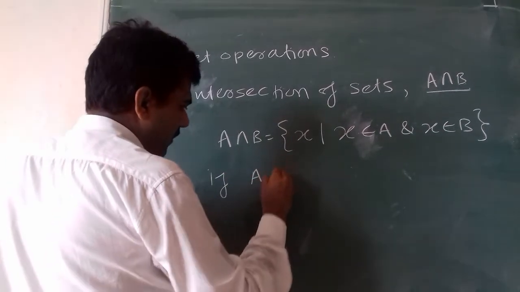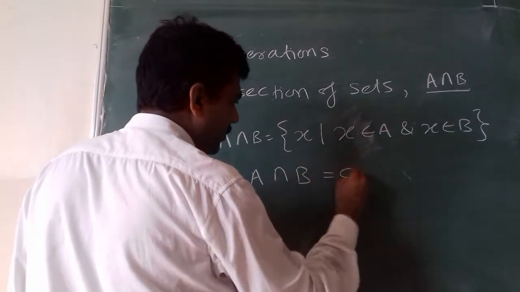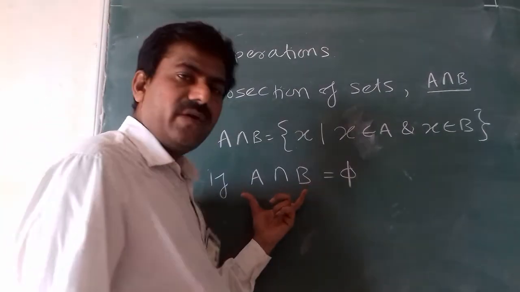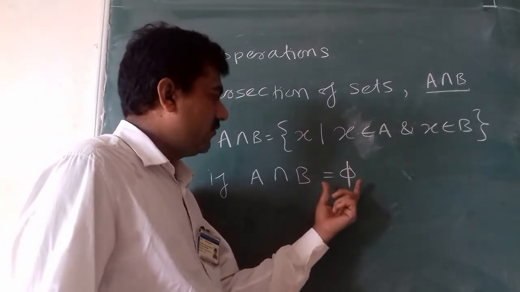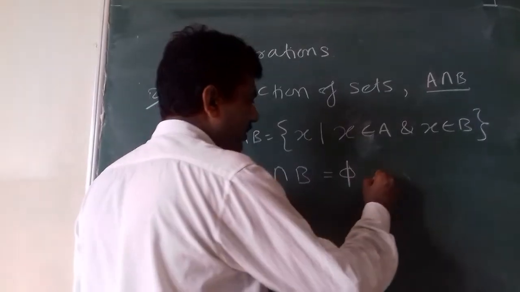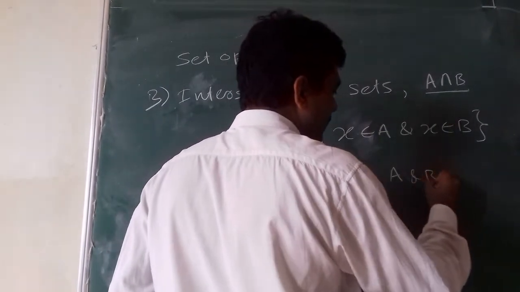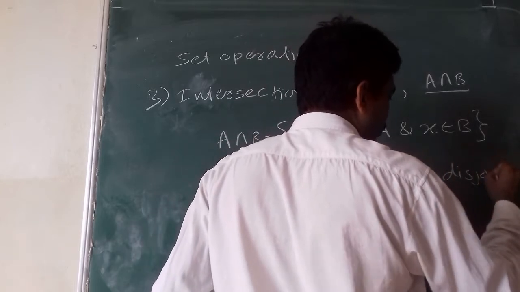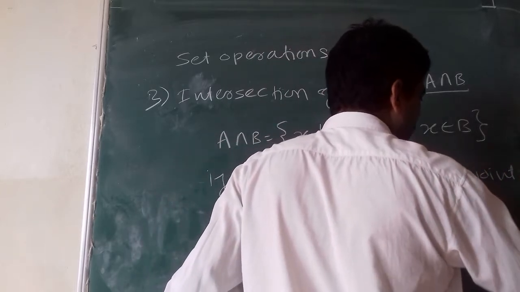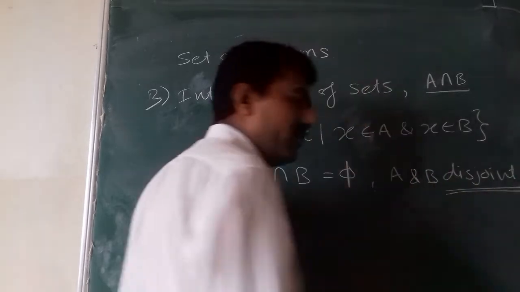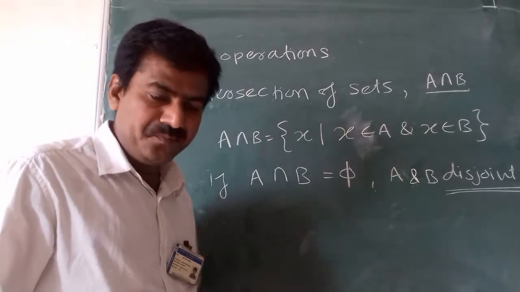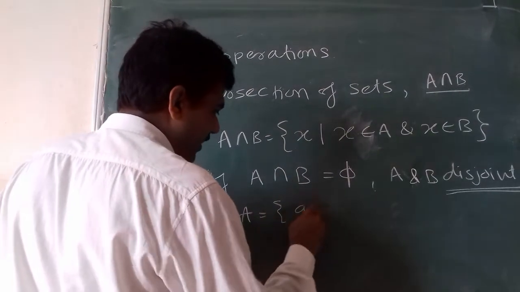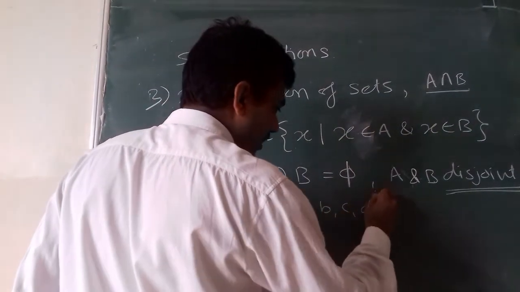Now if A intersection B is equal to the null set, what does it mean? If you take the intersection of any two sets and it results in the null set, that means these two sets A and B are disjoint sets. Disjoint sets means there is no common element between A and B. So as an example, A is a set which contains A, B, C, D, these 4 elements.